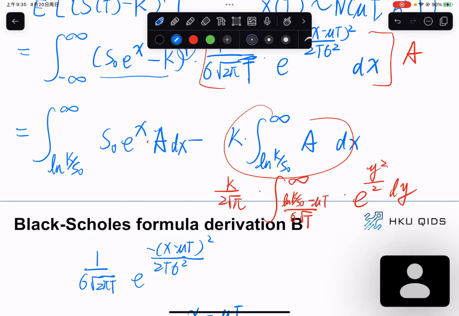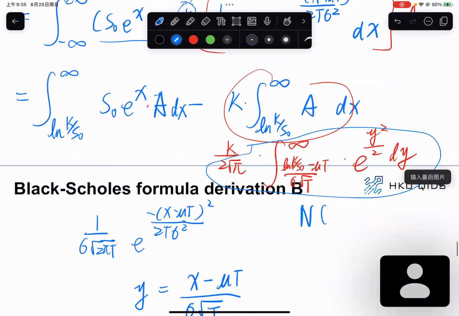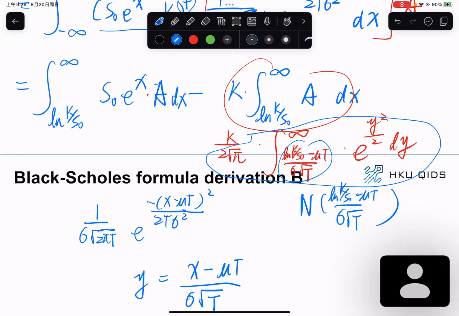And if we consider this part, this is just N of negative (log K over S0 minus mu t) over sigma square root t, right? So it is only this value.